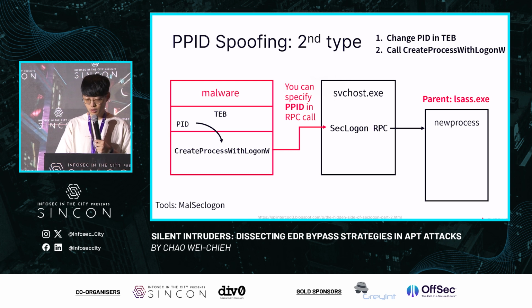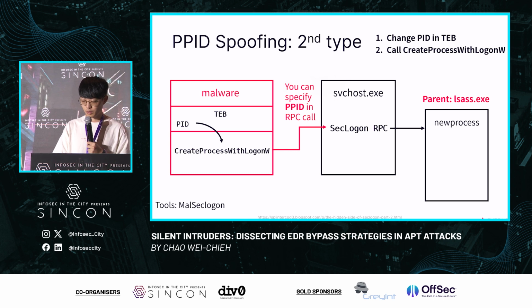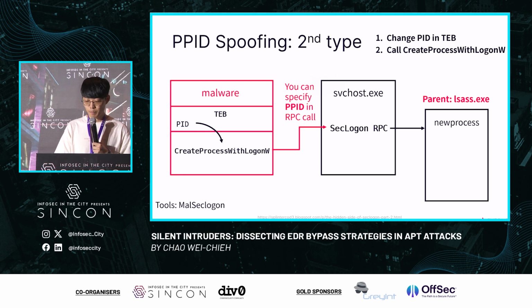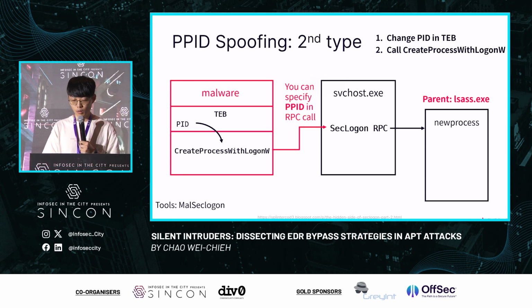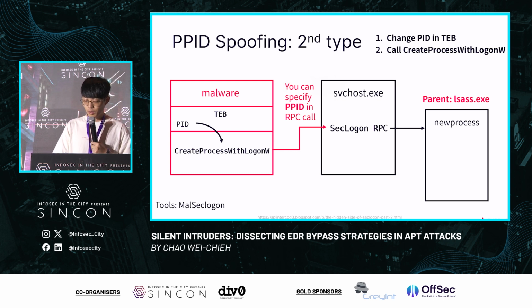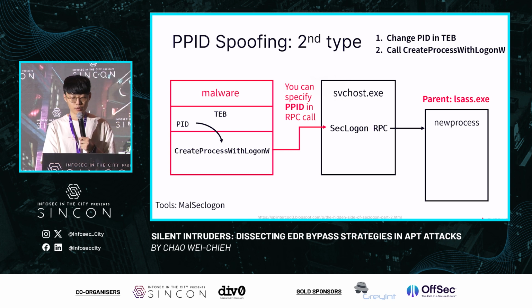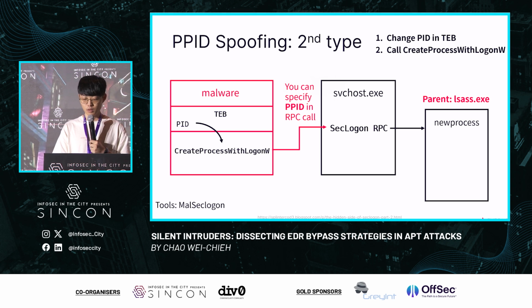Under the hood, CreateProcessWithLogonW actually gets the PPID parameter from the TEB of the current process, and then supplies the PPID as the parameter to the RPC. So what we can do is simply modify the PID in the TEB. After modifying it, we can call CreateProcessWithLogonW directly, and now the newly spawned process will have whatever PPID we want.